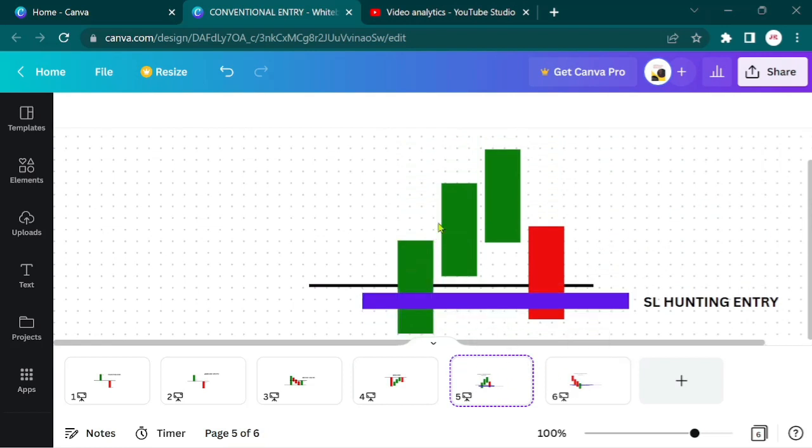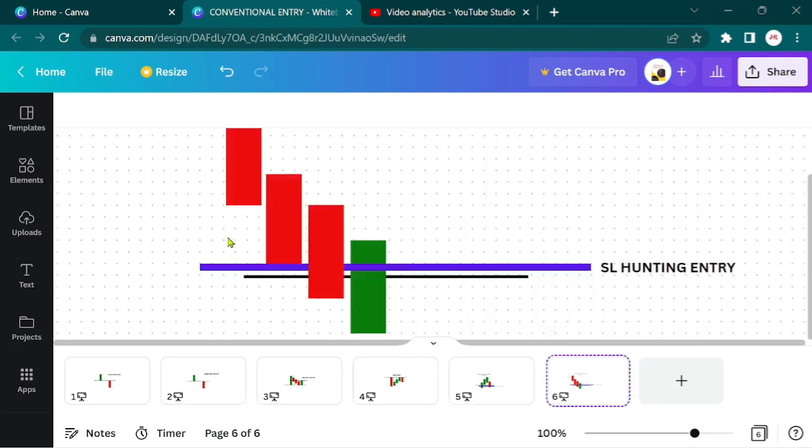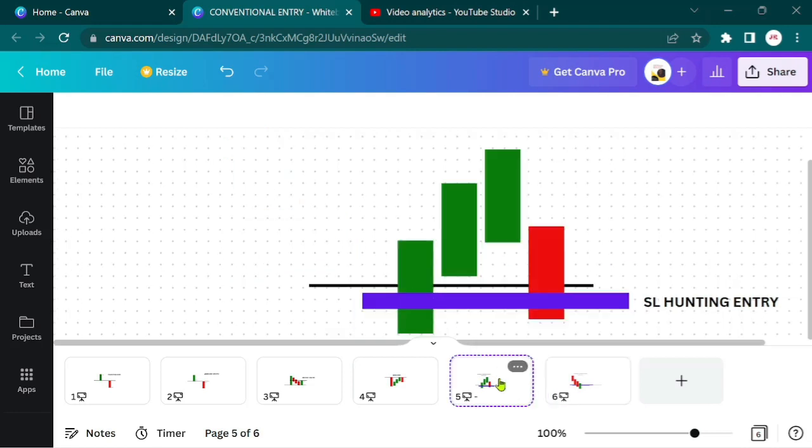Parabolical move can happen after the line is broken. This also won't sustain. The parabolical move can happen before the breakout. You see, this is a parabolical move happening before the breakout. This also won't sustain. If it reverses, all the stop loss may get hit and it will move violently on the opposite side.